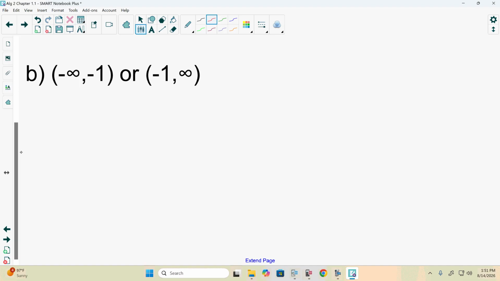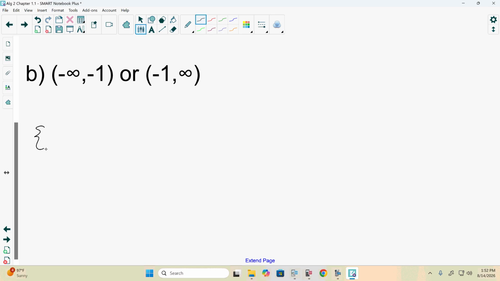We want to write this interval in set builder notation. So negative infinity to negative 1 or negative 1 to infinity. So we will need to convert this to intervals. But before we do that, did it tell us what our number types are? It did not directly, but it did tell us what we're looking at.